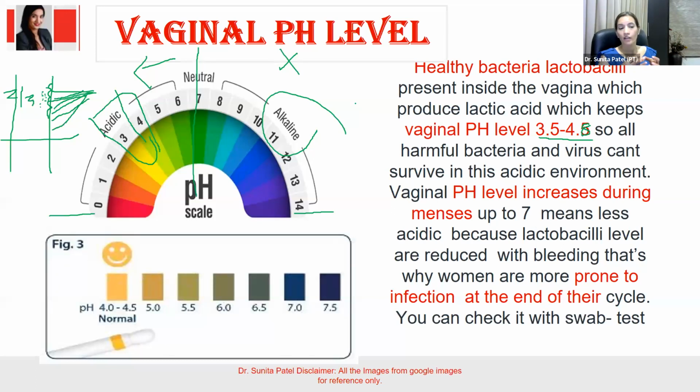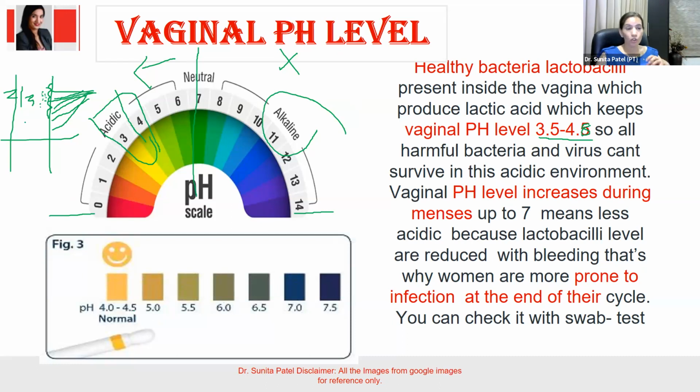In this pH level, lactobacilli will develop, and lactobacilli keep helping to maintain the good environment inside the vagina. Unhealthy bacteria will not develop because we have an acidic vagina. That's how the upper two-thirds of our vagina has this kind of pH level.